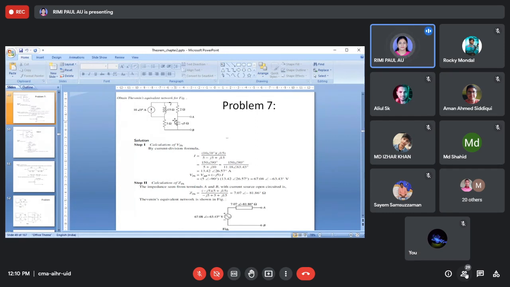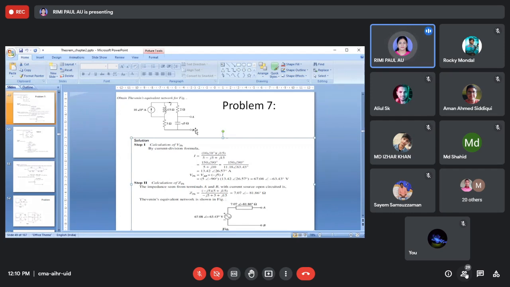So this is one branch, and this whole is another branch. These two are in parallel. That's why ZTH we can write this way, and the answer is 7.07 angle minus 81.86 degree ohm.